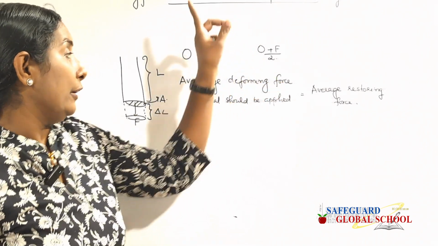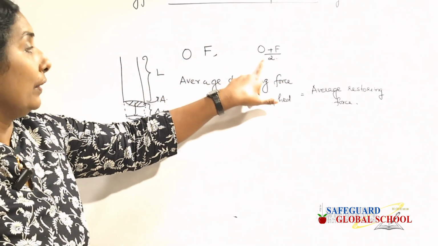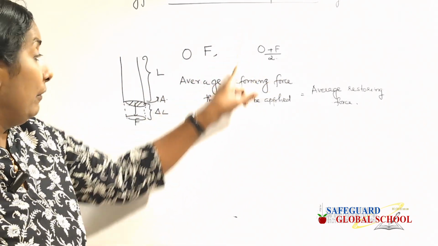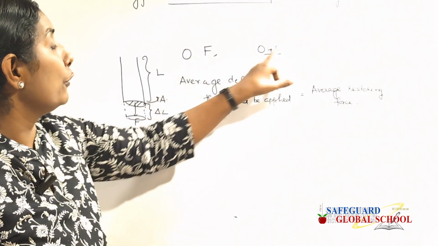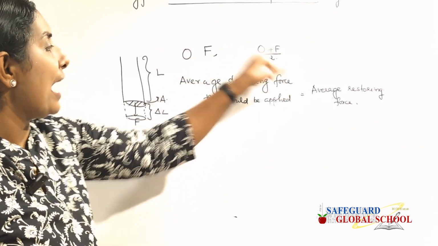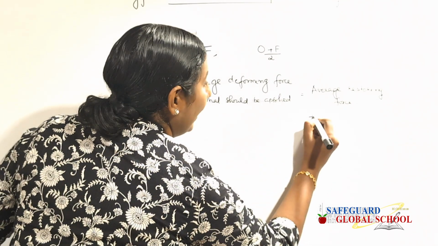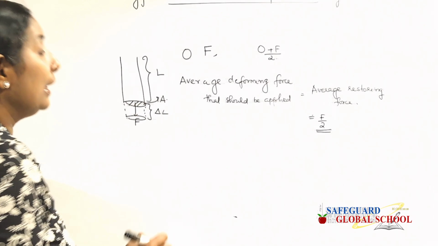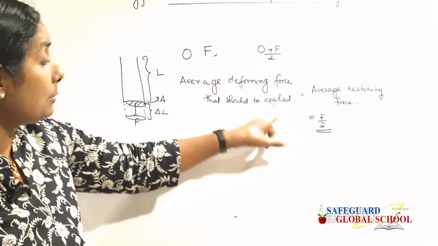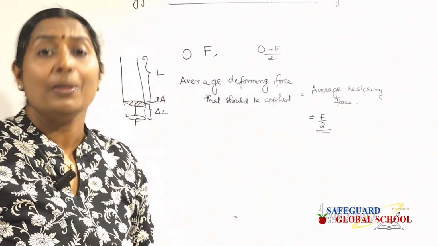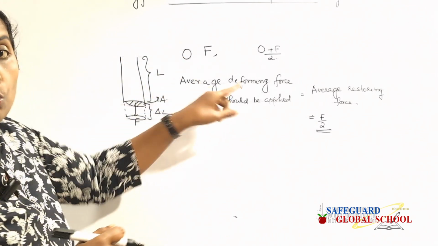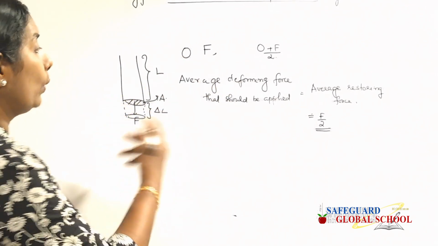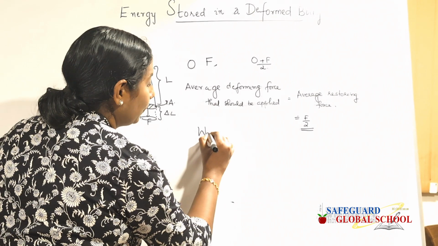So already we have calculated the average restoring force. If nothing is happening, the restoring force is 0. When we apply a force, the restoring force will be just equal to F. So its average will be equal to F by 2. So at least the deforming force must be equal to F by 2 for work to be done on this wire. So what is the work done by the force?